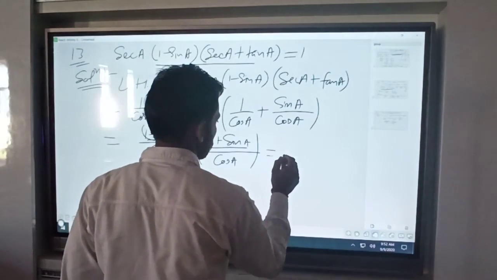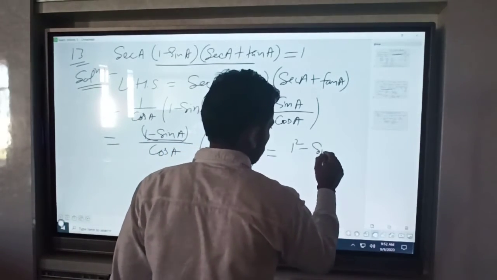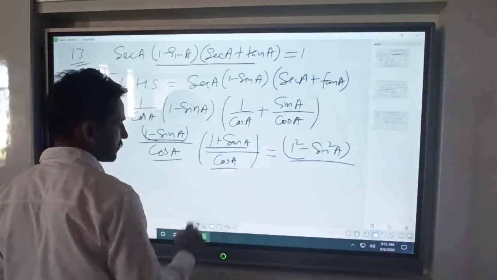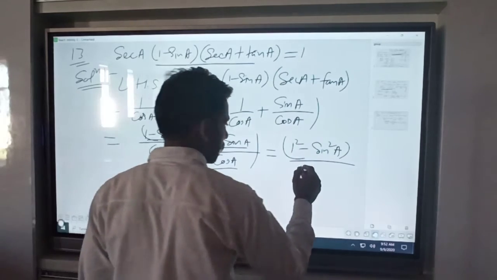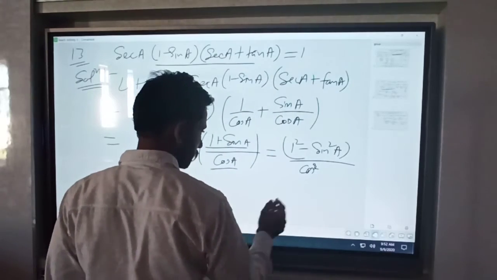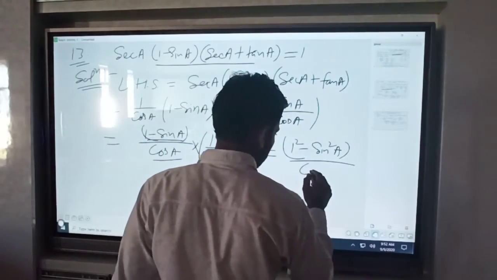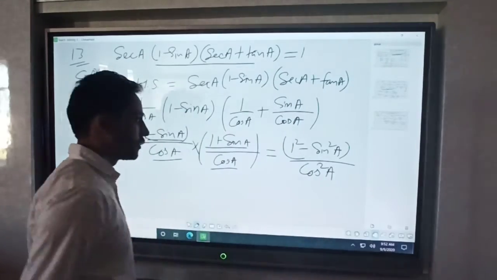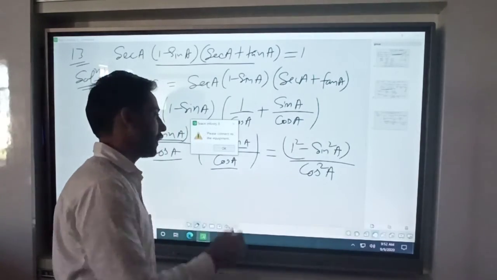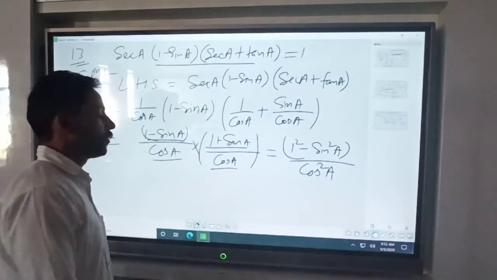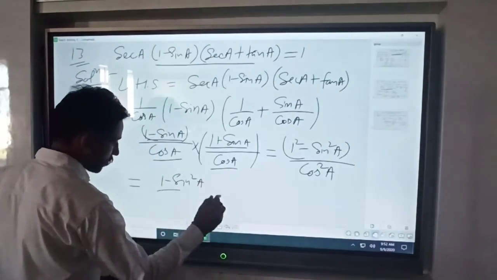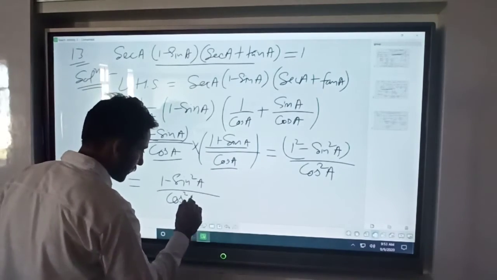So it becomes 1 square minus sin square A, and this is the cos A and this is the cos A. There is a multiplication, so it becomes cos square A. Now 1 square is 1, so it is 1 minus sin square A over cos square A.